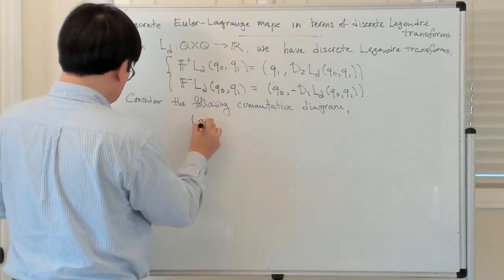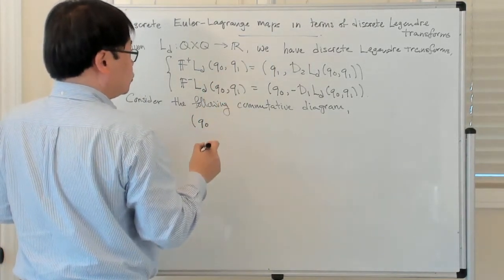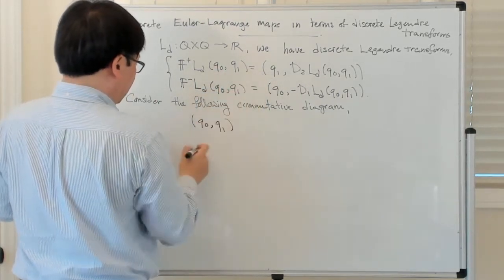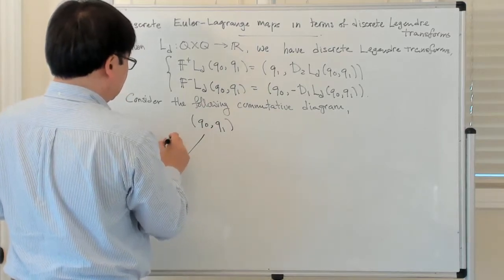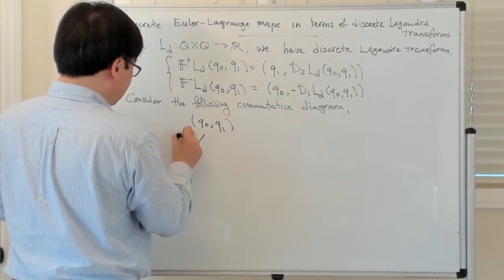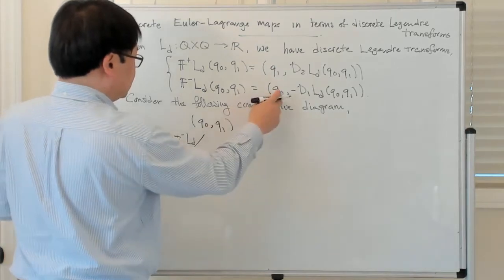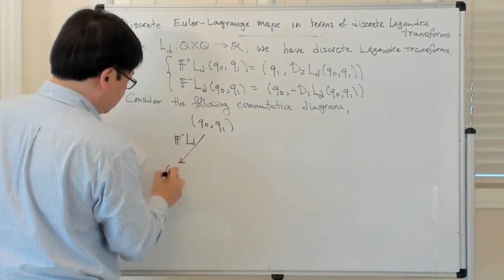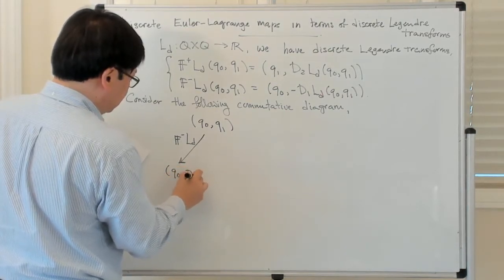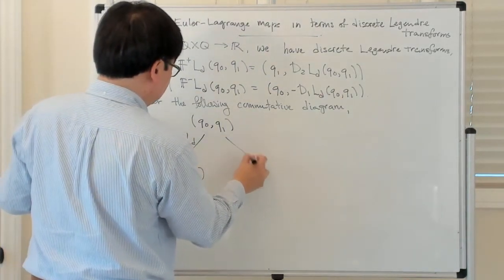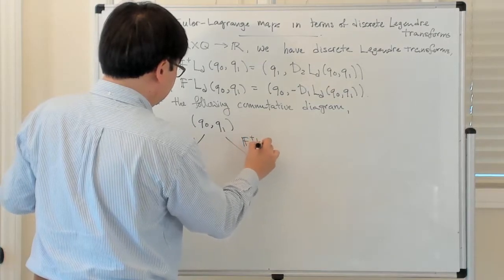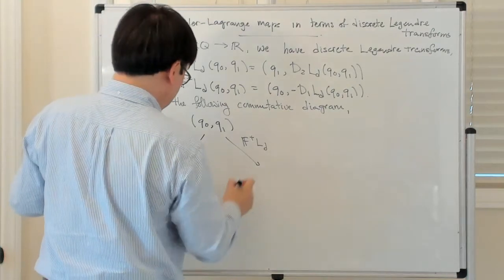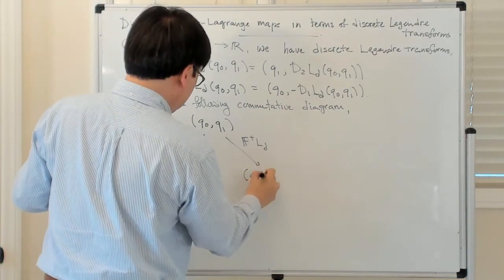First we're going to fill in the discrete Legendre transforms. So we have (q0, q1), and I can do two things to it. I can apply F- L_D, which gives me q0, and it's natural to interpret the second component as p0, so it's (q0, p0). Then I can apply F+ L_D, which gives q1, and it's natural to interpret this as p1, so it's (q1, p1).